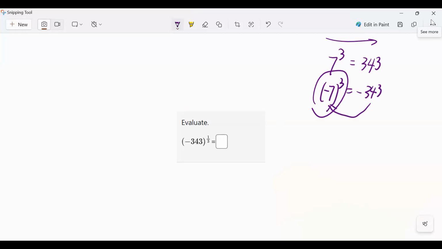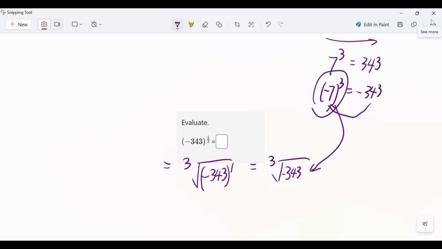So first of all, we're going to turn it back to the cubic root. So it will be the cubic root of negative 343 to the first, but you usually omit that one, right? It's not necessary. So it will be the cubic root of negative 343. We know that this is equal to negative 7 cubed.